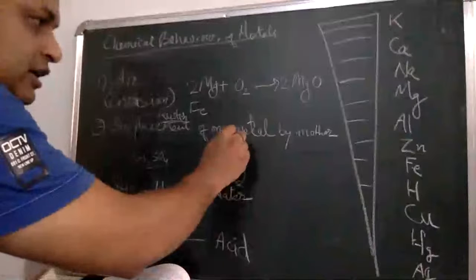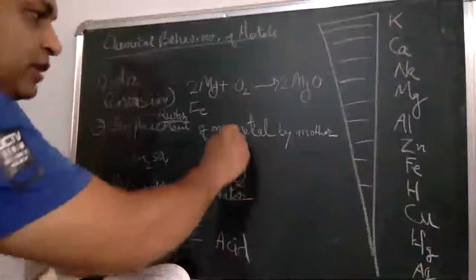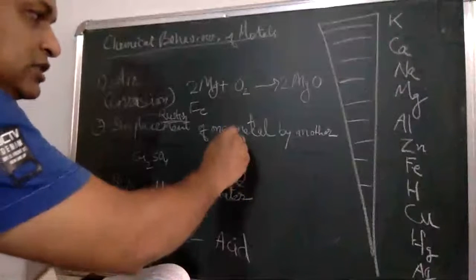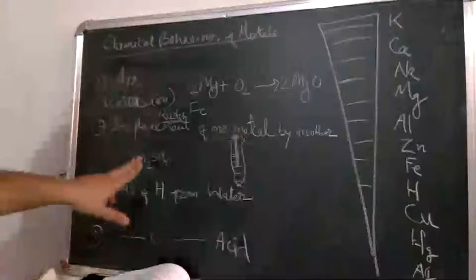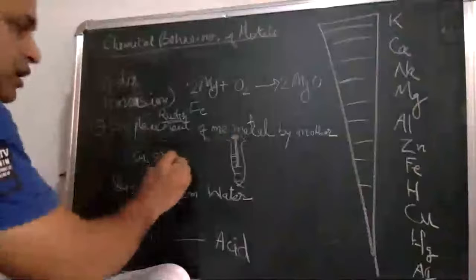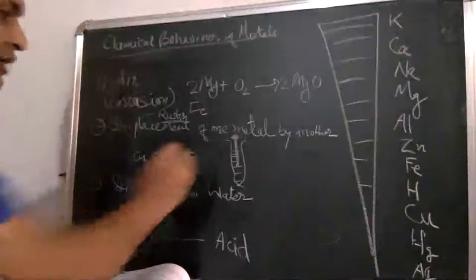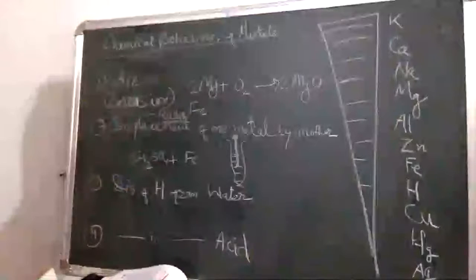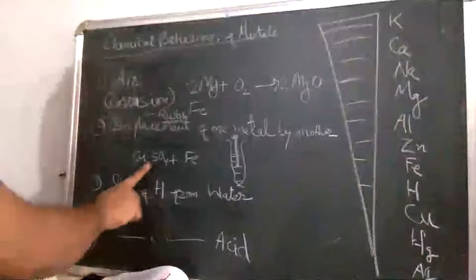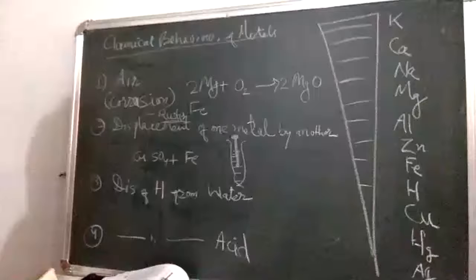When you keep that nail in this liquid for some time, what will happen? Copper sulfate is there, and you are reacting iron with it. If you see the activity chart here, copper is less active and iron is more active.